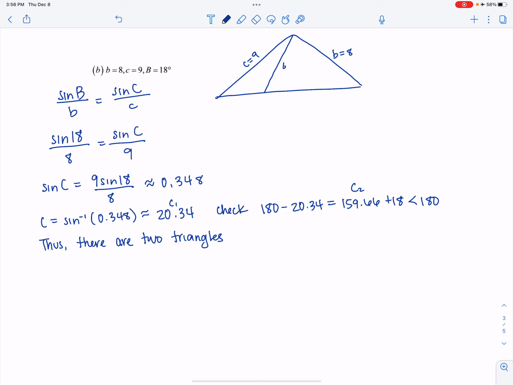So B is still 8, but it works on both of these. So as we move along, it'll be at length of 8 and hit the bottom triangle, and if we move it all the way across, it'll still be a length of 8 and it'll hit the triangle again. Kind of like a swinging door.